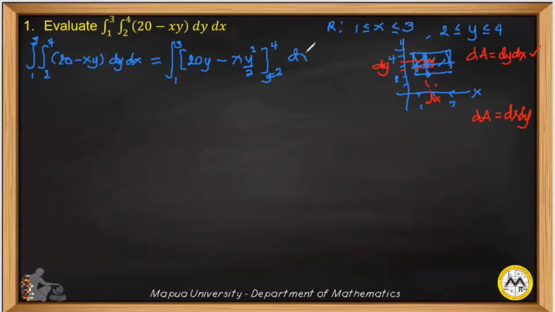Then do not forget to write the differential of x, okay, which will indicate that the outer integral must be evaluated in x. So we have the integral from 1 to 3, okay, evaluating the resulting inner integral 20y minus xy squared over 2 when y is equal to the upper limit 4.